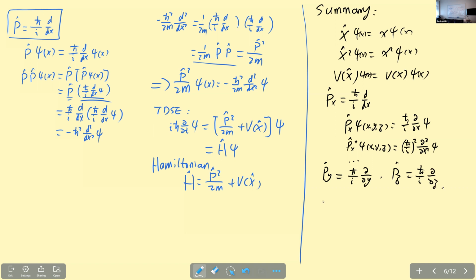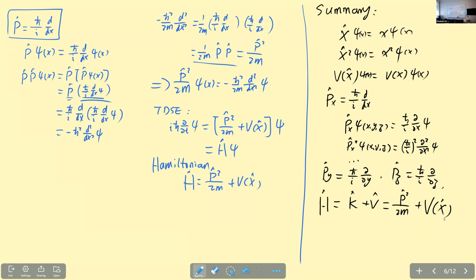Right? And the Hamiltonian, we know, has a kinetic energy. We call this the kinetic energy operator plus the potential energy operator, okay? So this can actually be written as p squared over 2m plus V as a function of the operator x.